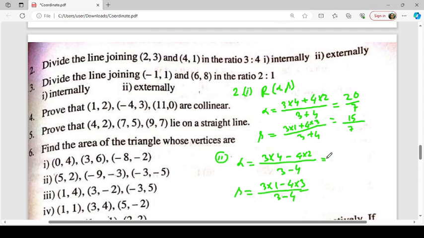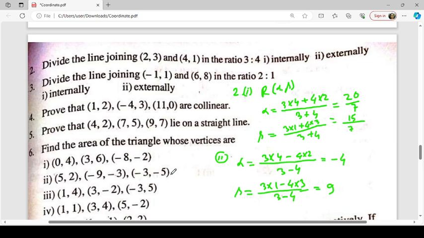So this one is 12 minus 8, it is 4, and this is 3 minus 12, minus 9 by minus 1, so it is 9. So it is the point (4, 9).